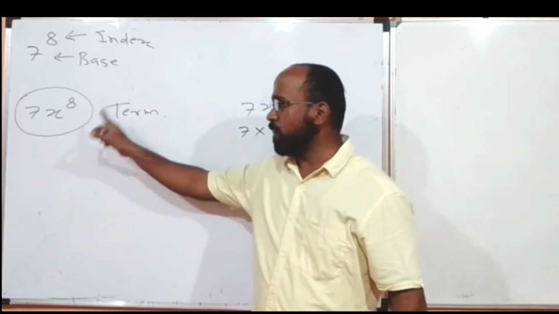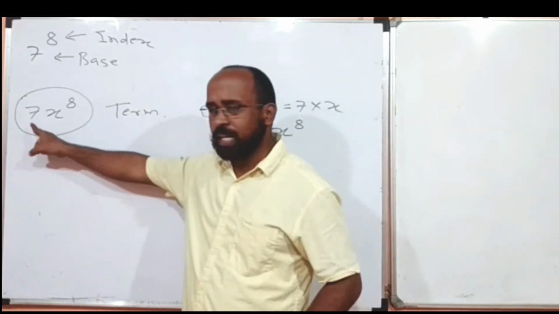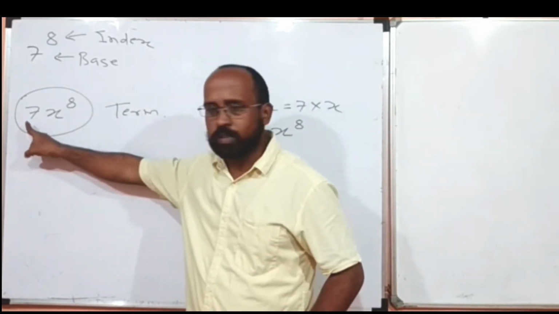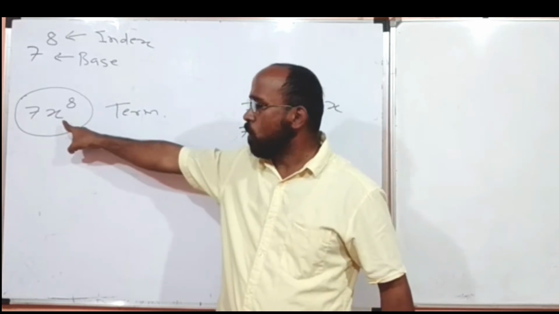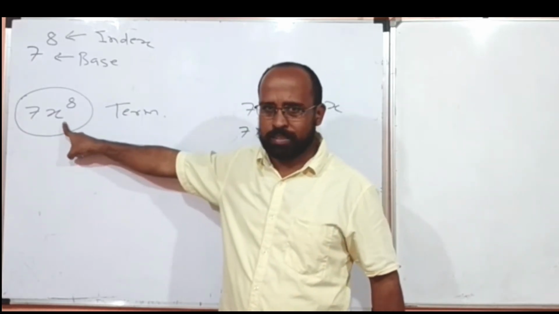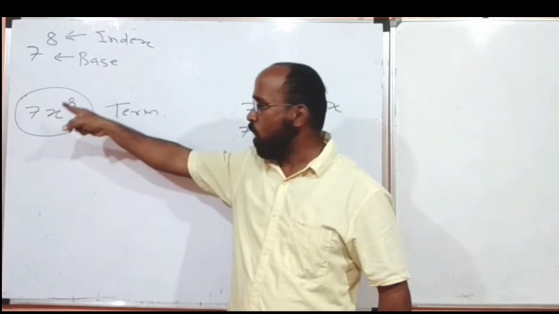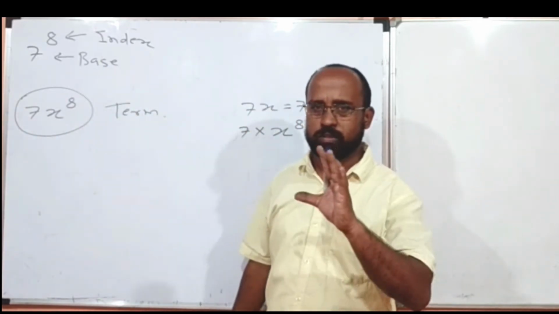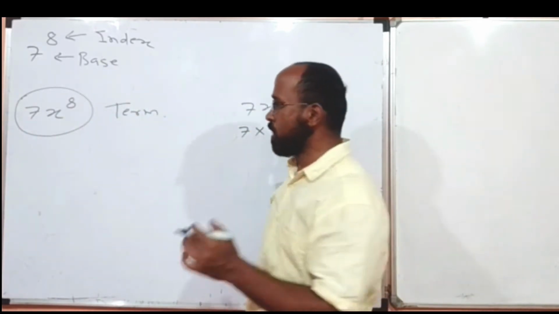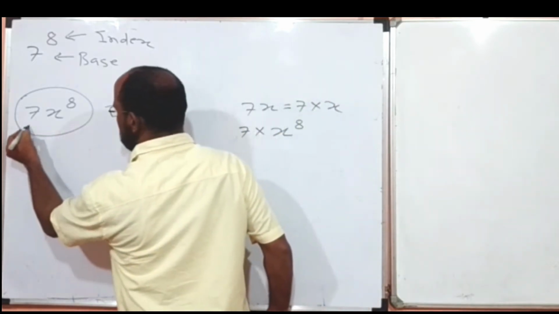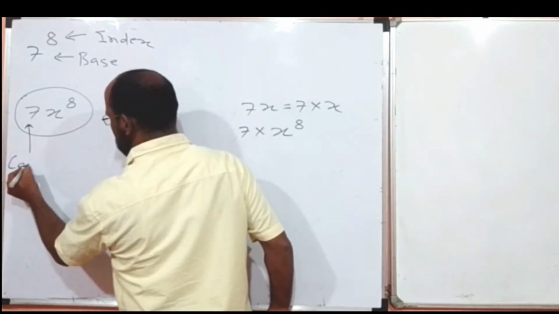Clear? Now in this term, there are three elements. One number at the base, one alphabet at the base, and one number at the index. All these three have different names. This number 7 is called coefficient.